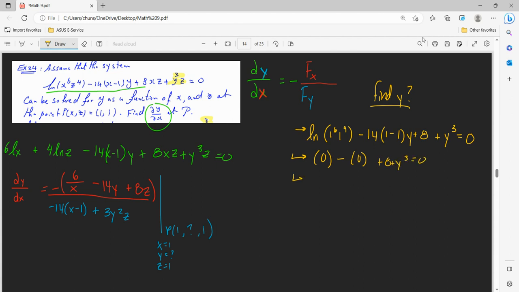So we're going to move that 8 over, so negative 8 equals y cubed, and then y is equal to negative 2.